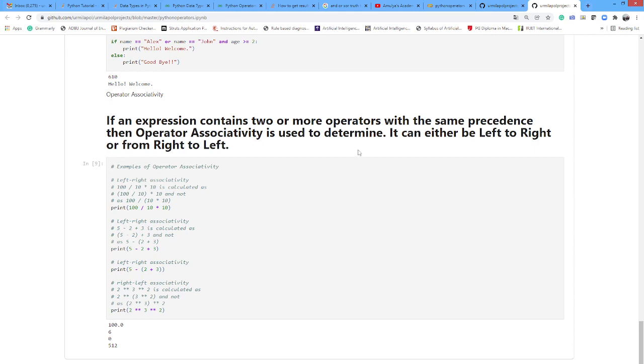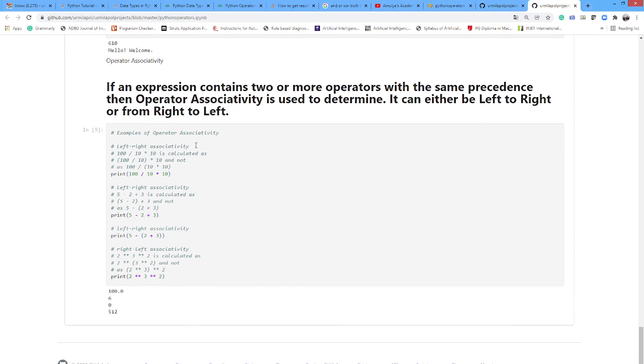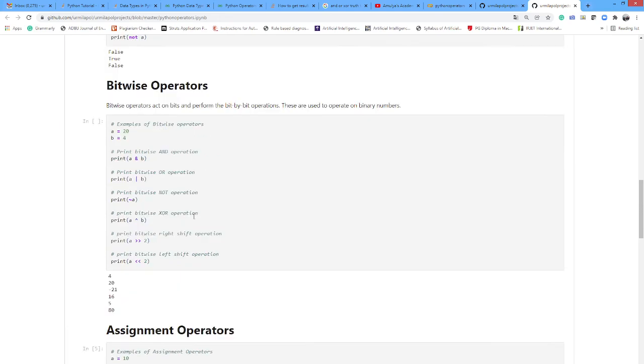Operator associativity is used to determine this. Then print minus 5 minus 100 upon 100 star 10. Left to right associativity applies, and it will calculate right to left or left to right as per the operator.